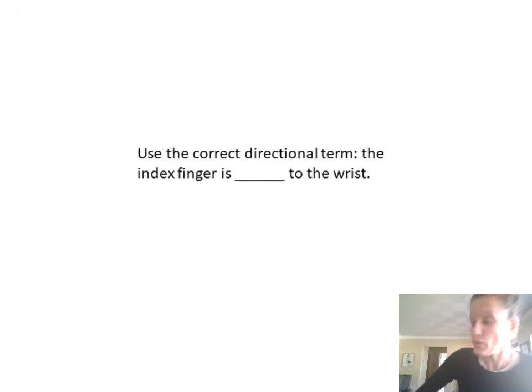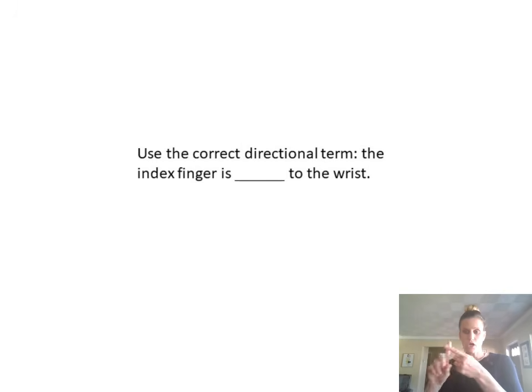Sometimes what's helpful with these is if you just use a general term first, fill in the sentence with a normal term that makes sense, and then match up the technical term with that normal general one. So the index finger, that's your pointer finger here, but it doesn't really matter. It could be any of the fingers, and this would be the same: blank to the wrist.